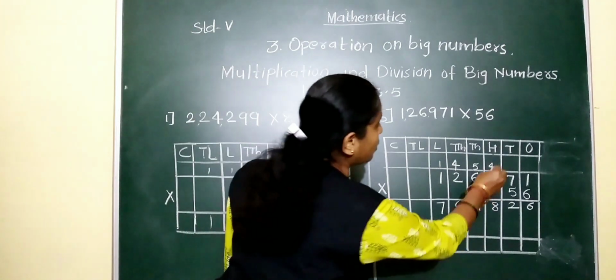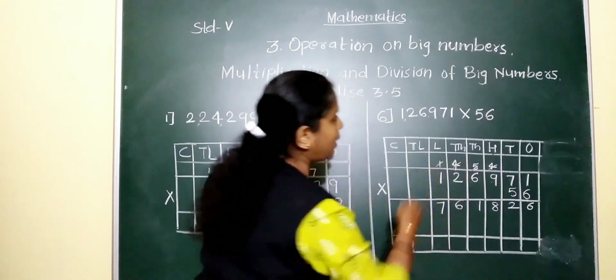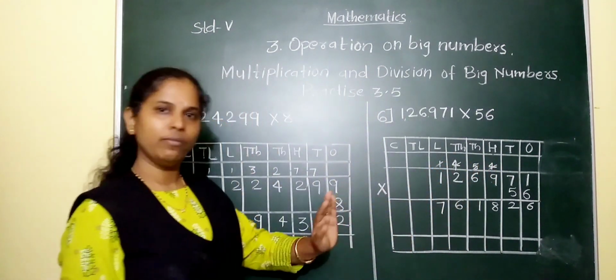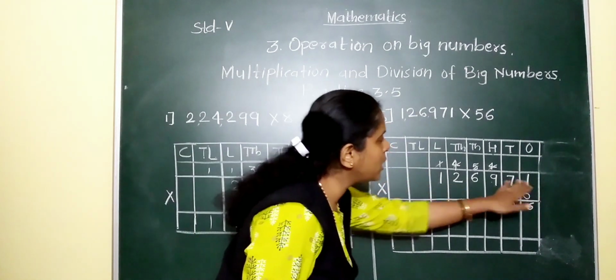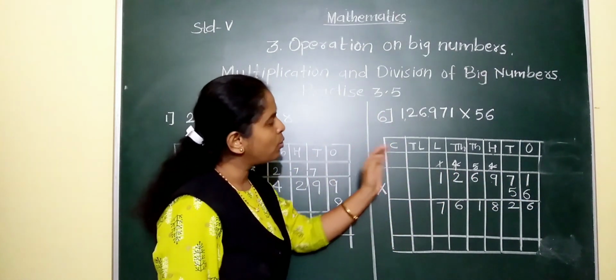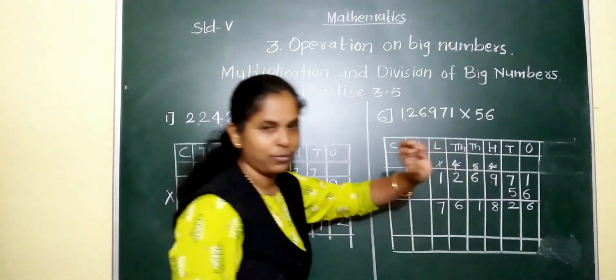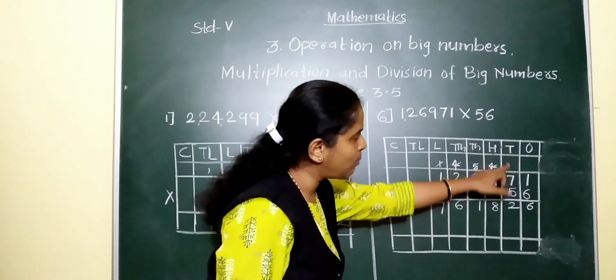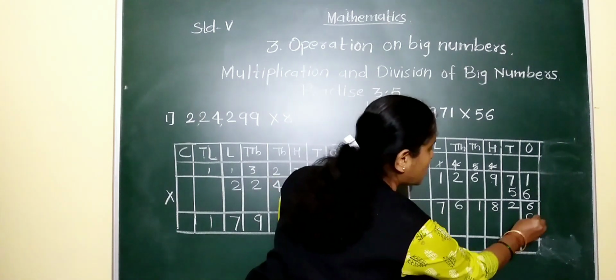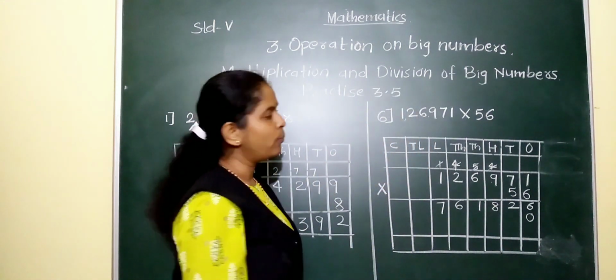Now we will cancel these carried numbers, addition over, no? Multiplication with this 6 is over, everything. So we will cancel these carried numbers. Now we will multiply with 5. As 5 is at the tens place, at the ones place we'll compulsorily have to write 0. Okay.